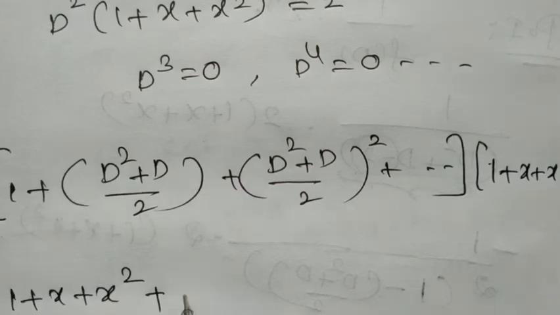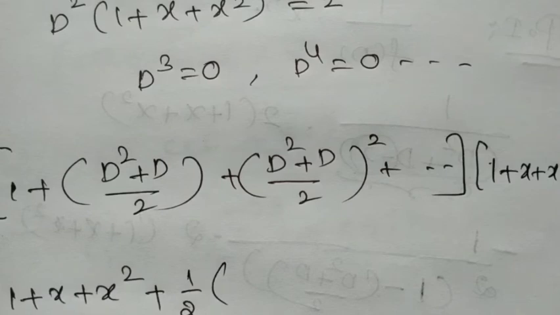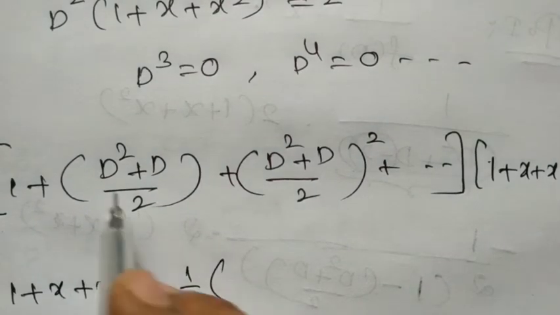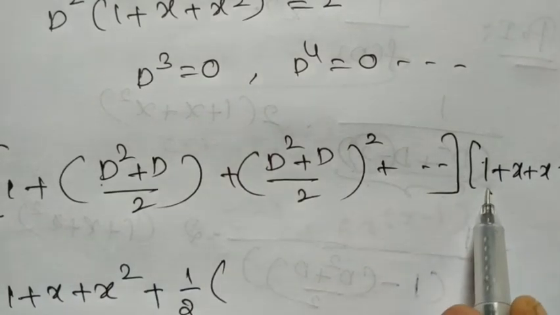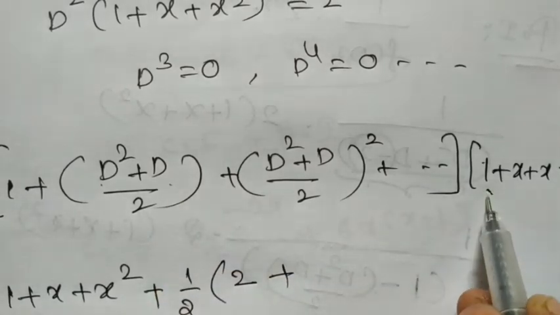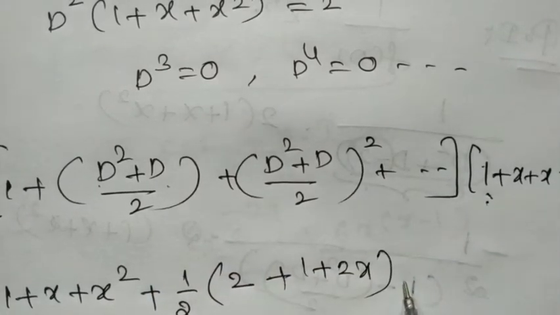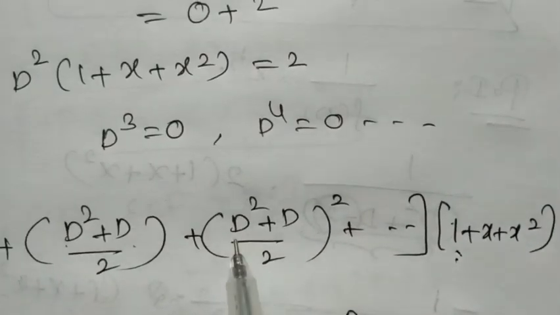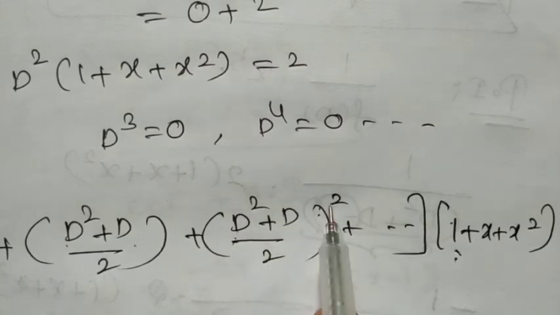So here I am taking 1 by 2 common. D square of 1 plus x square value. So d square of 1 plus x square value is 2 plus d of 1 plus x square value 1 plus 2x, plus, next here a plus b whole square. So a square, d power 4 value 0.